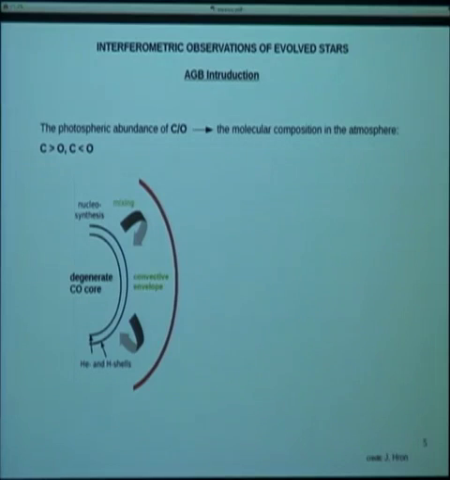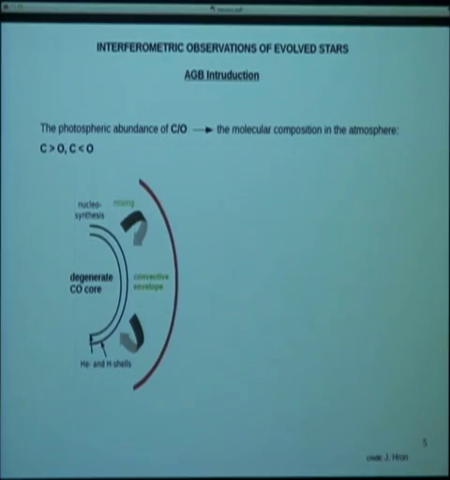In the center of AGB stars, there is a carbon-oxygen core surrounded by two nuclear burning layers. The first is a helium burning layer, where helium undergoes fusion, forming carbon. Then there is a hydrogen burning layer, where hydrogen undergoes fusion to form helium.